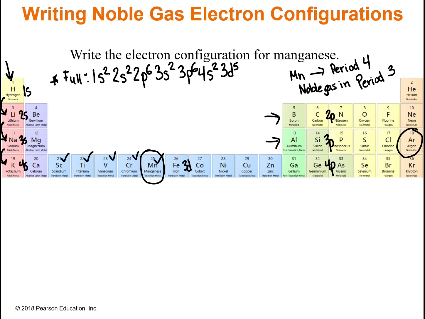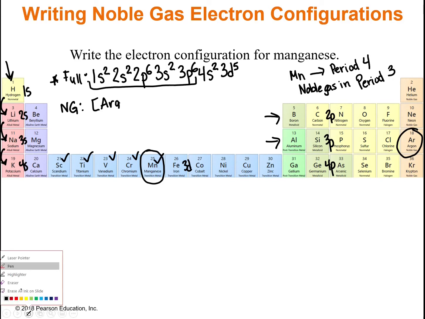If we were to write the full configuration for argon, it would be 1s2, 2s2, 2p6, 3s2, 3p6. All of this. Instead of writing that, you can write argon, just the symbol for it, in brackets. And that's implying everything that I just underlined.